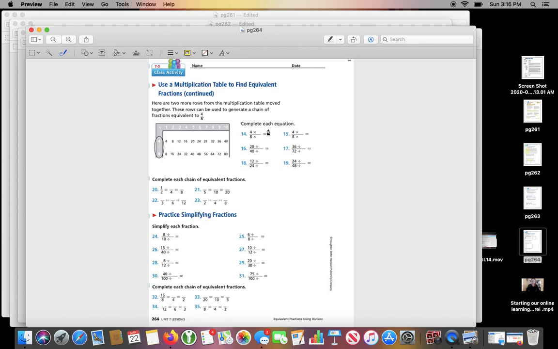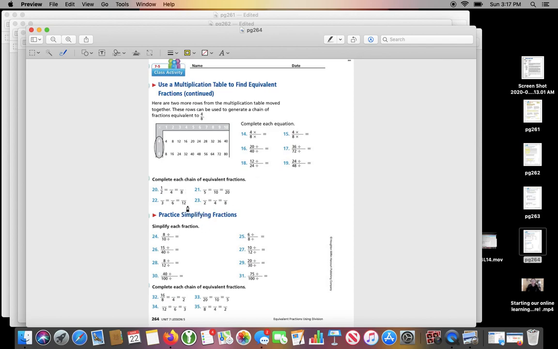To get 16 over 32. Same for dividing. It's giving me 20/40. I can divide by, well, not anything, but something that goes into these evenly to get a different equivalent fraction. So you need to think what you can divide both of these numbers by, right?